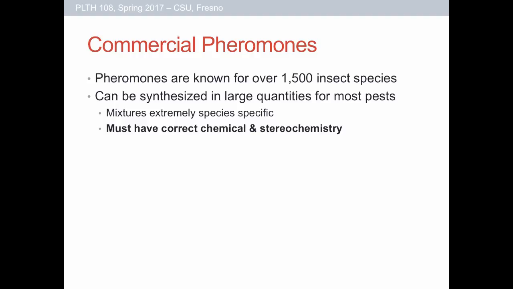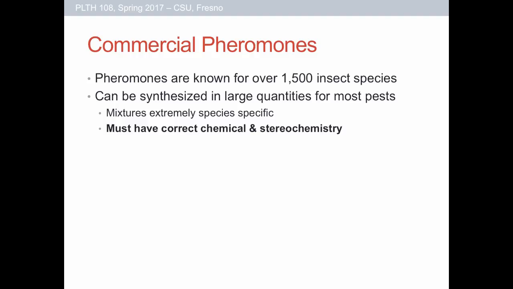All right, so how do we apply these chemicals in IPM? What is the actual application? Well, fortunately, pheromones are really well studied. There's been a lot of work trying to identify what pheromones are associated with different pest species. And like Forrest mentioned in lab, we have online databases with thousands of different pheromones for different species.